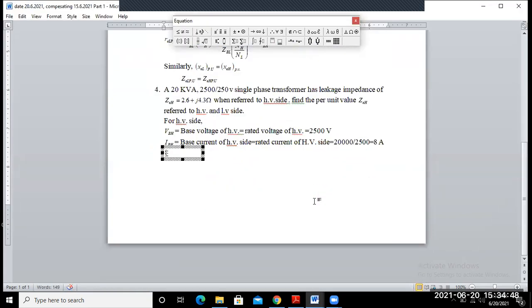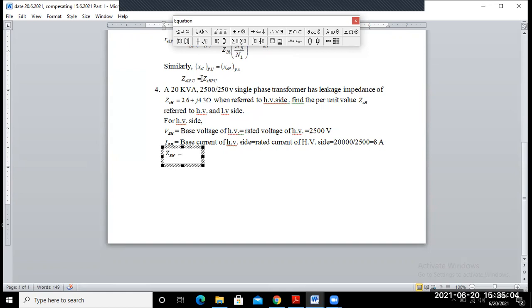So the base value of the high voltage side impedance ZBH is equal to voltage VBH divided by IBH.